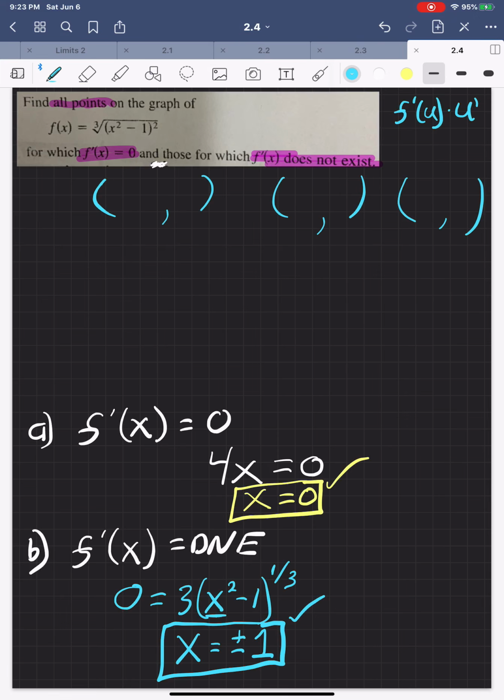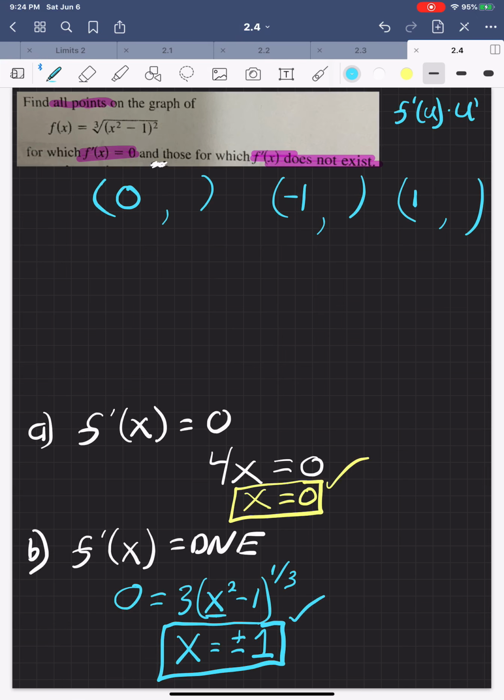I have an x value of 0, an x value of negative 1, and an x value of positive 1. I just don't know the y values. All you have to do is plug your x value into the right function. If you want a y value, plug 0 into the original function. If you want a slope, you plug 0 into the derivative.